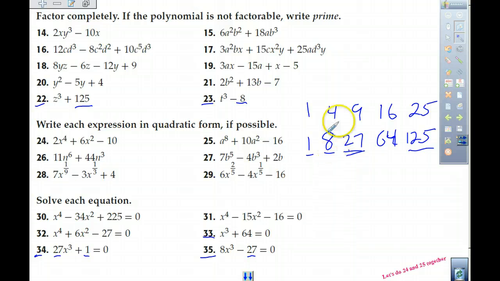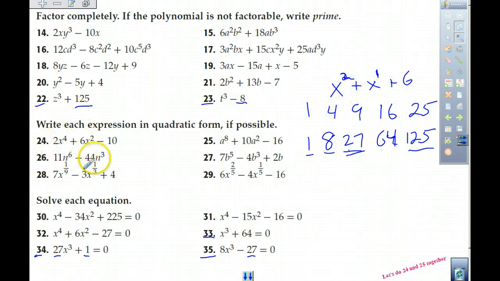In a regular quadratic, notice how the leading term has an exponent of 2, the following term has an exponent of 1, and this one is twice as big as this one. If you have that relationship, you should be able to work this out well.